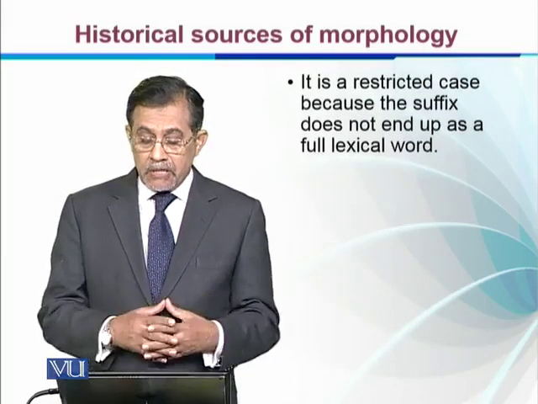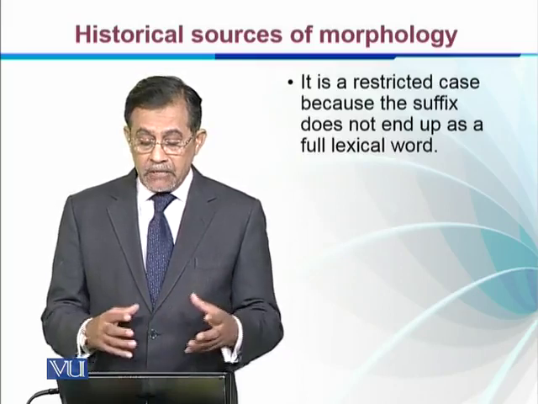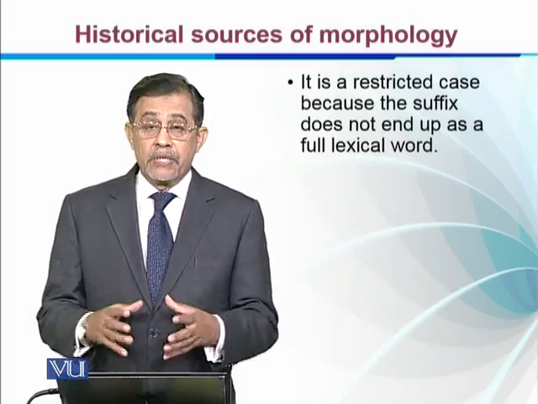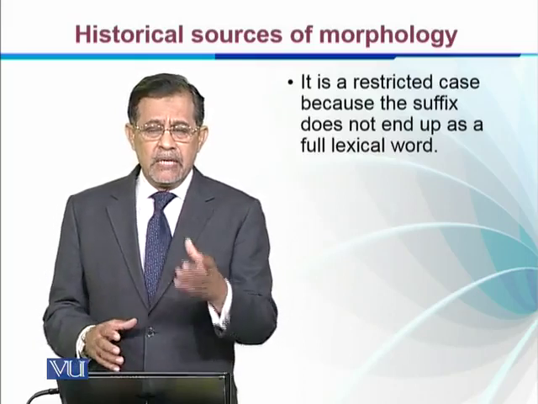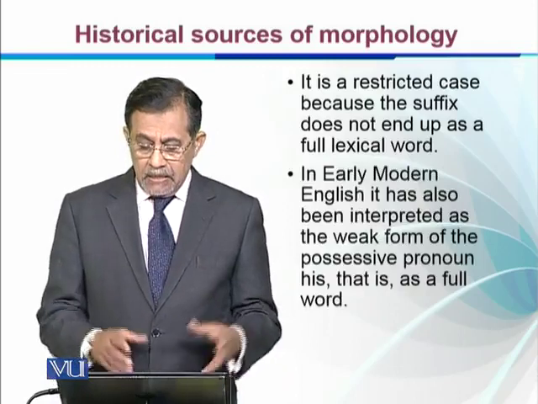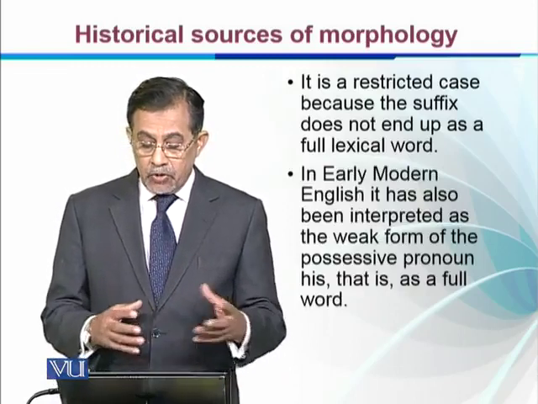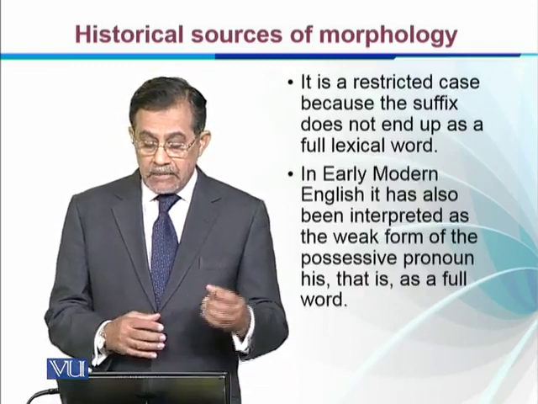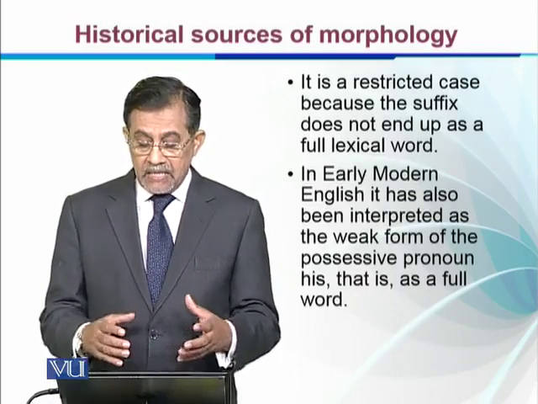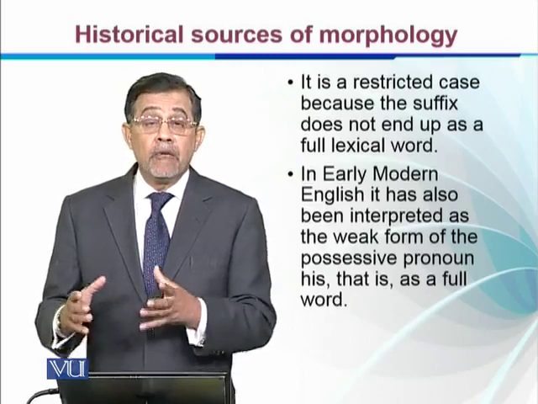So it is a restricted case because the suffix does not end up as a full lexical word. We do not use it in its full lexical form, that is his. In early modern English, it has also been interpreted as the weak form of the possessive pronoun his, that is, as a full word.